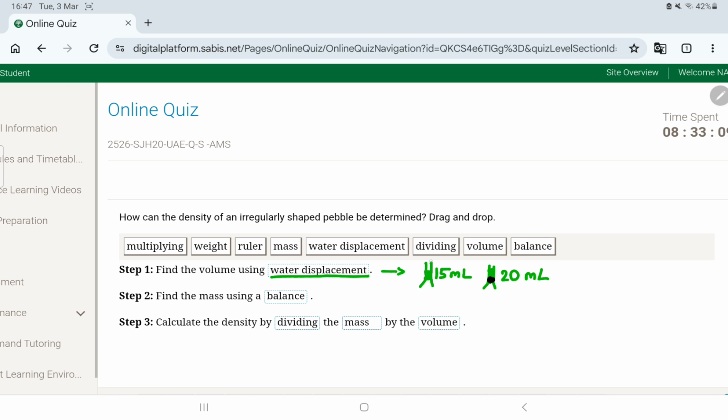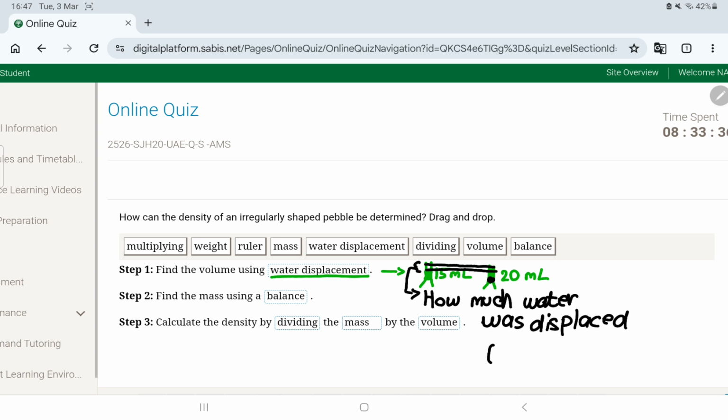So basically, water displacement: the water level was here, and now the water level went up till here. You see that space? This space is how much water was displaced, or how much water went up.